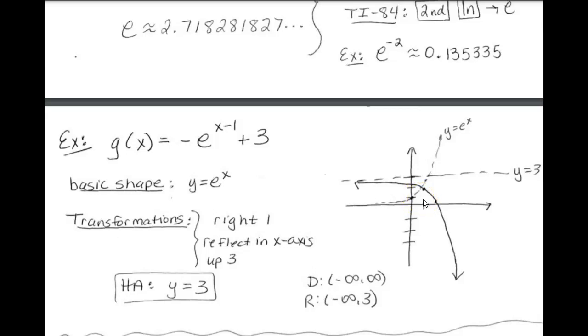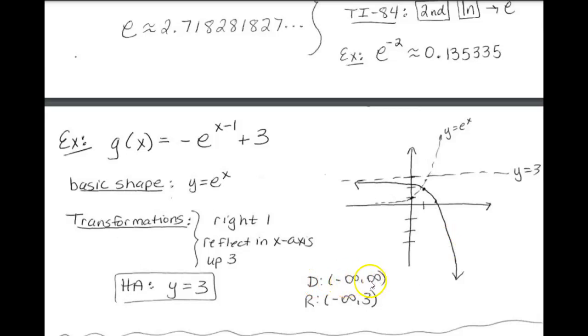Then it would reflect across the x-axis and move down here, flip upside down, and then it would move up 3, 1, 2, 3, and land right here. And because it flipped upside down, my shape is now upside down of the original. And then my y equals 3 up here is my horizontal asymptote, and then my graph fills in below it.